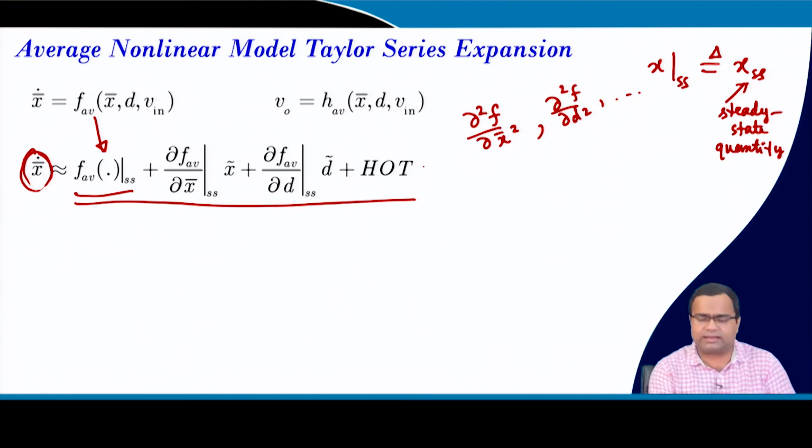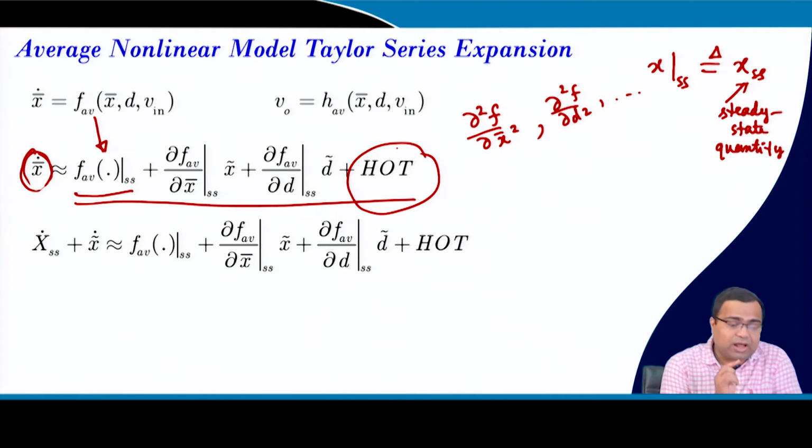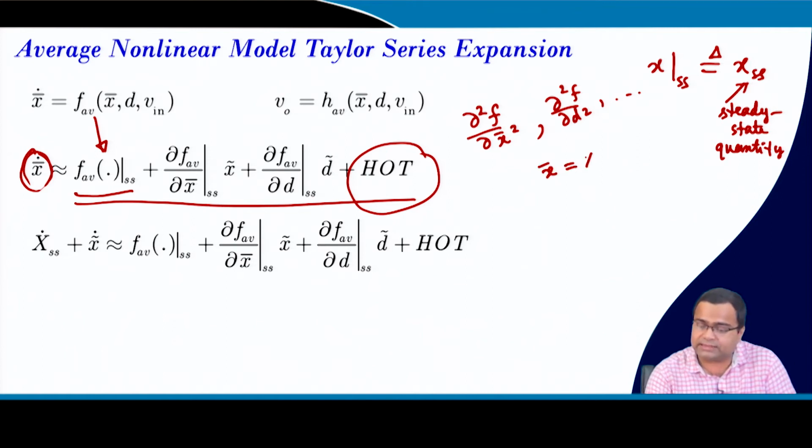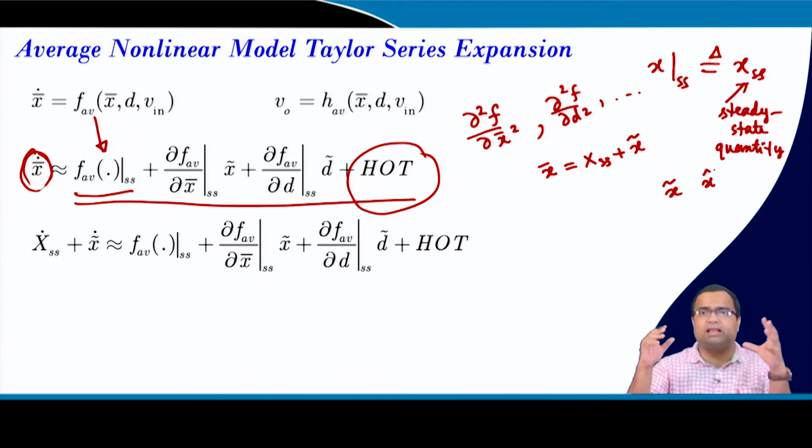Now, if I write all the instantaneous average quantities, x is its steady state value plus perturbation. Sometimes we write perturbation with tilde, sometimes with hat. So, you can assume that these are perturbed quantities.